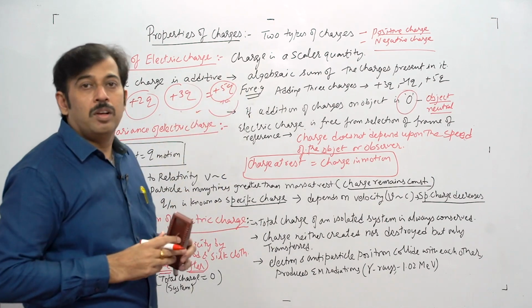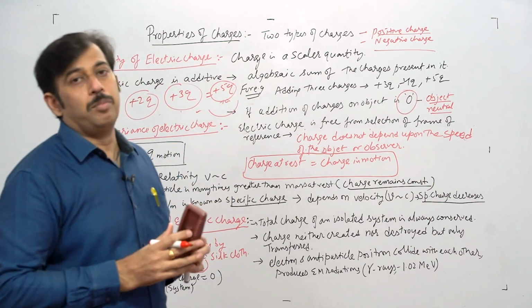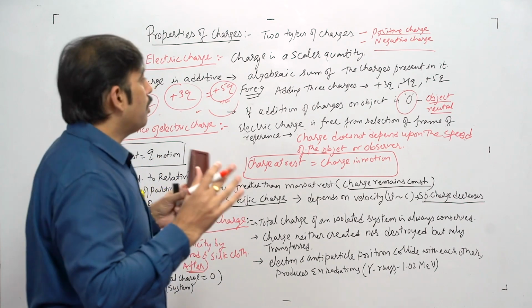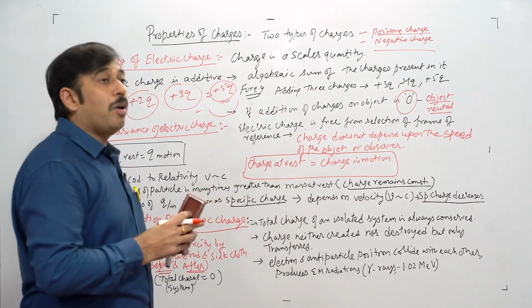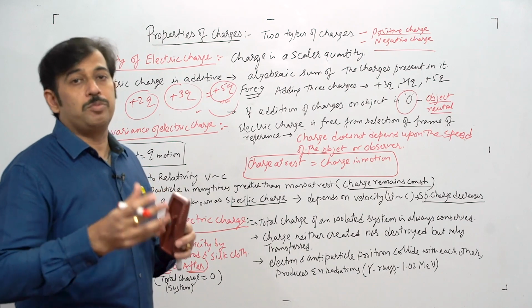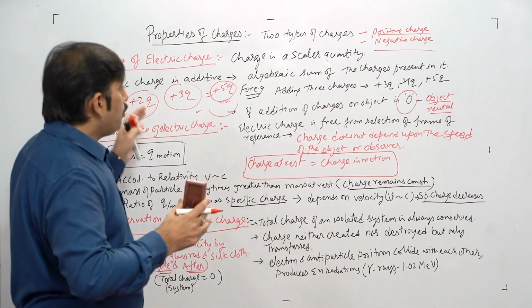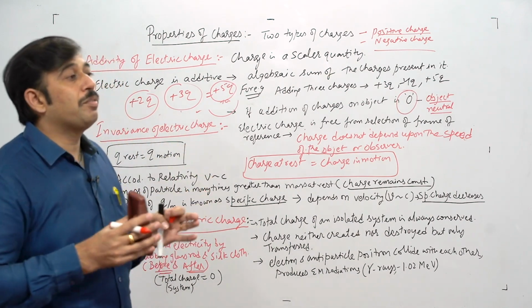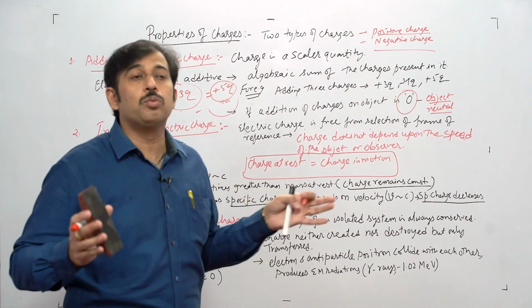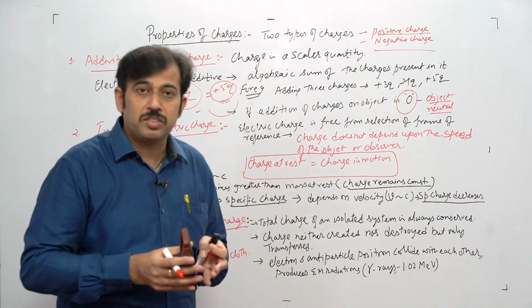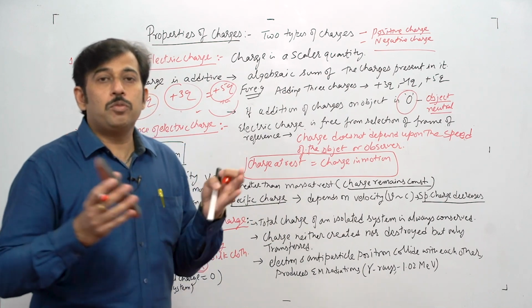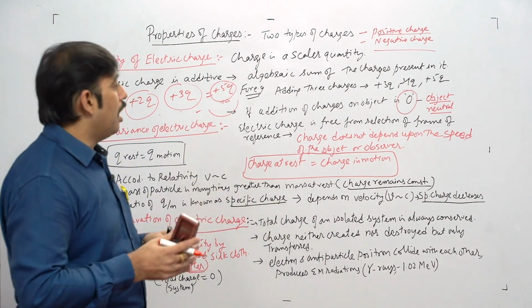Very simple. You have to just add them like numbers, as in mathematics. This is one of the important properties, and it is very important in calculating the total charge on objects. This property tells you how we can find different charges on different bodies. Suppose we have two or three bodies together with certain charges and you need to add them. You just add them mathematically and you get the answer.